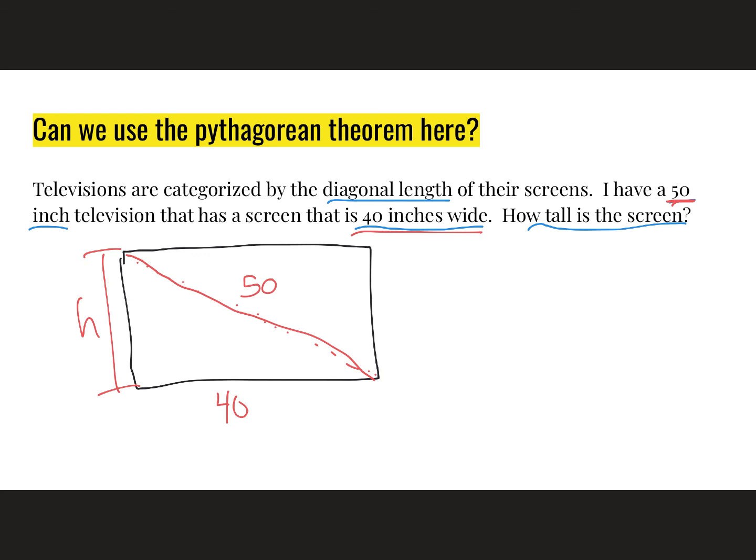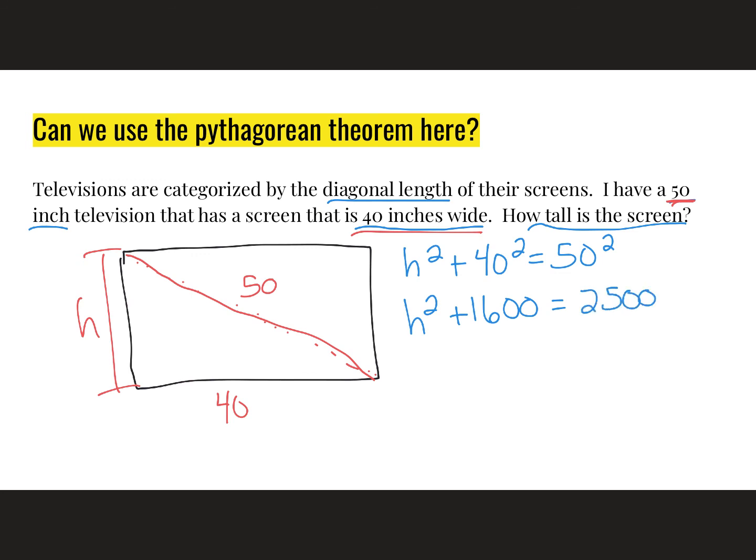Okay, so again, we're just going to use our Pythagorean theorem. So I have h squared plus 40 squared equals 50 squared. So h squared plus 1600, put in your calculator if you need to, equals 2500.